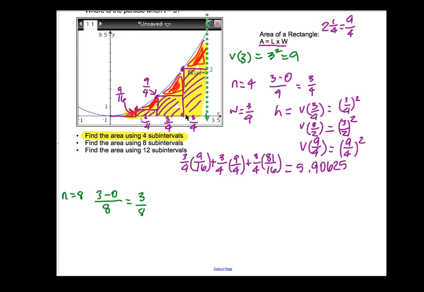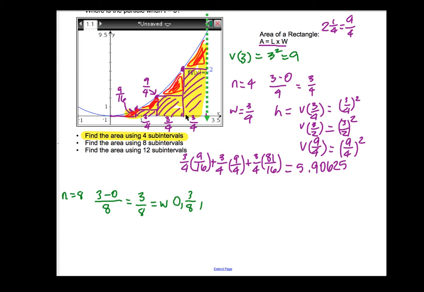And this is going to be the width of my rectangle. Okay, this will be the width of the rectangle. So to find the area under the curve, we'll look at 0, 3/8, and then add 3/8 to that, all the way up to 3.